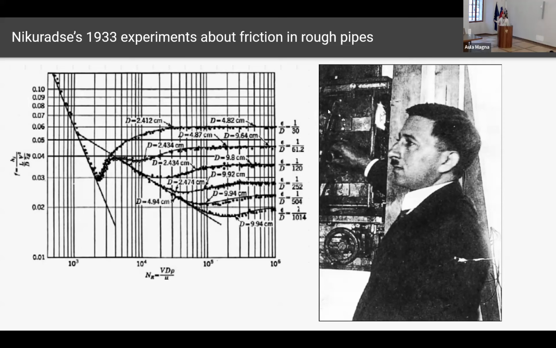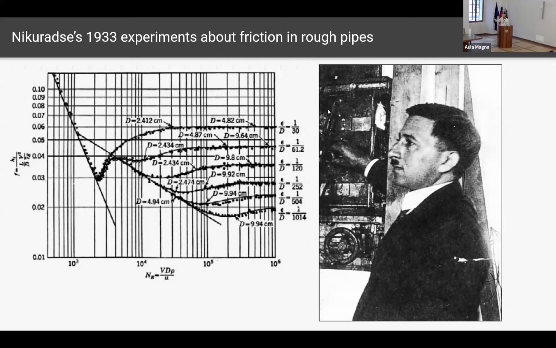It's relatively old. And what he plots here is the friction factor, and here the velocity of the fluid, the Reynolds number. And he did that for different levels of roughness in the pipe, right? When you have low roughness, you have low friction. And then as you increase the roughness of the pipe, you have more and more friction, okay?